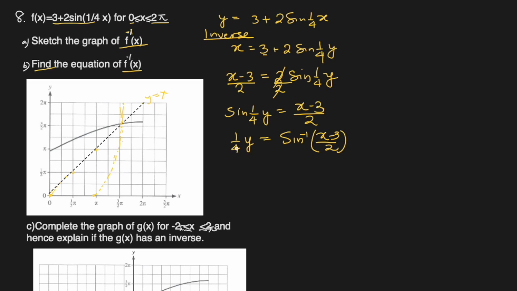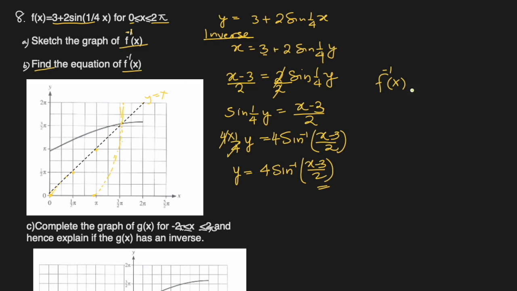Alright, and now this 4 has to go, so I'll multiply this by 4 here and multiply here also by 4, so that this 4 cancels here. We are left with y equal to 4 sine inverse of x minus 3 over 2. This is the inverse, and formally we can write f inverse x.